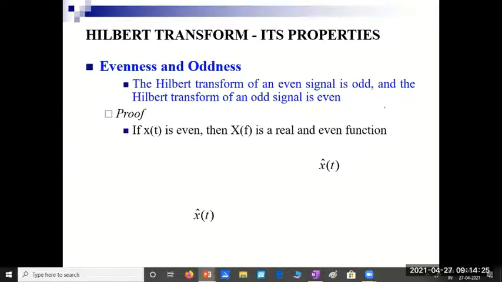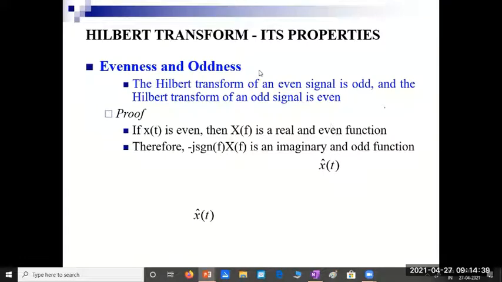If the given signal x of t is even, then its Fourier transform x of f will be a real valued function, and it will also be an even function. Therefore, how do I find x cap of f? Minus j signum of f into x of f. If x of t is the signal, x of f is its Fourier transform, and x cap of t is the Hilbert transform of x of t, then x cap of f will be the Fourier transform of x cap of t.